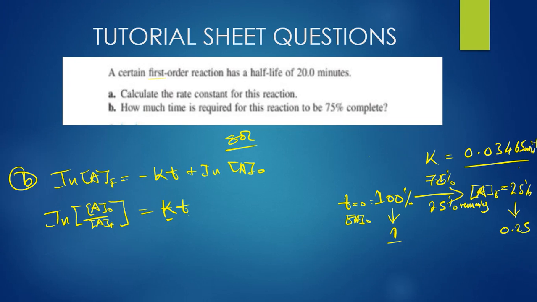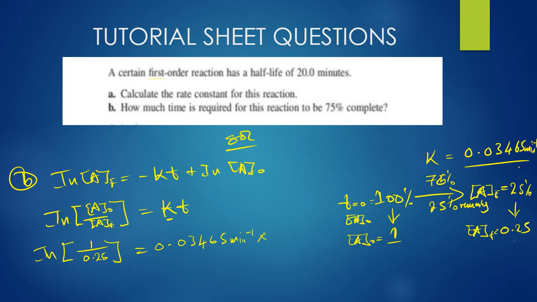So for the initial concentration we have 1, and for the final, it's this one. So we can use this now. ln of what's your initial? It's 1 over 0.25, like that, is equal to, what's your k? Your k is that one there, which is 0.03465 per minute, like that.